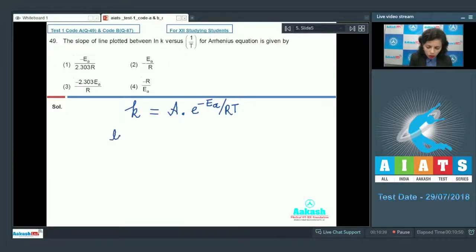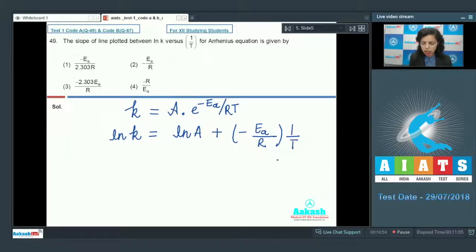By taking log, it becomes ln K equals ln A plus minus EA by R, and outside the bracket I am writing 1 by T. This is EA by RT. Now if you compare this equation with y is mx plus c, that is the equation of a straight line.